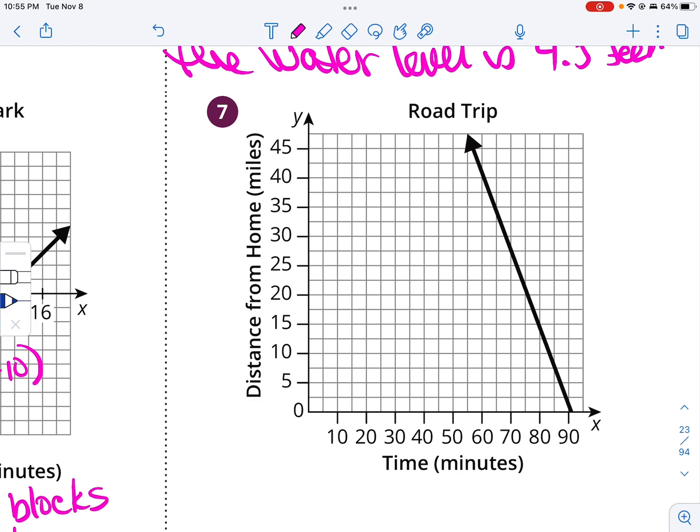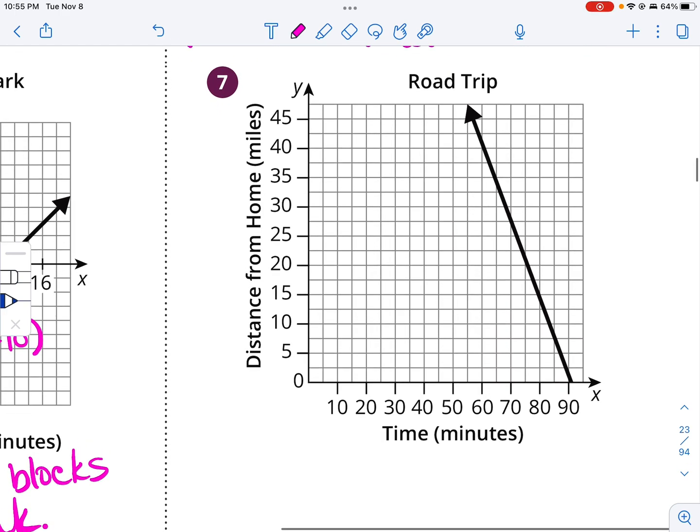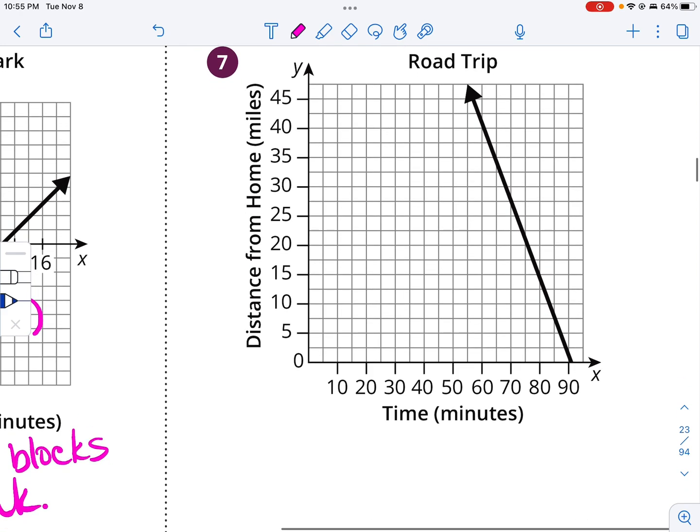I have no idea. Well, let's see. What's my slope on that? I don't know what my slope is.